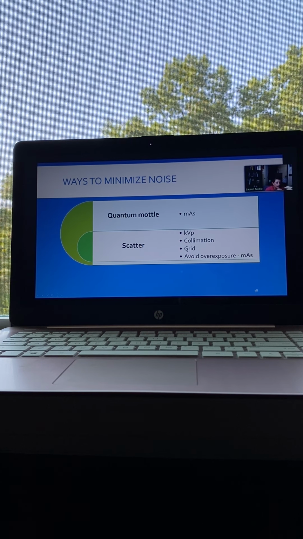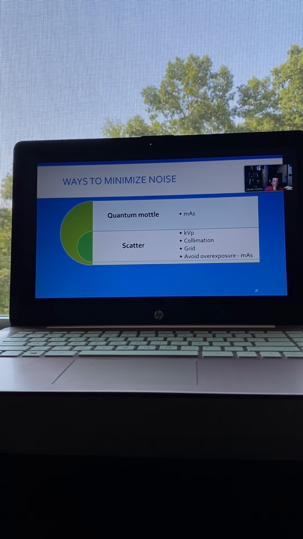Use a grid. So you will find it's protocol when you go to clinic. There are certain exams that you do tabletop, certain exams you have to put the image receptor in the bucky. Okay. Extremities you do tabletop. Why do you not need to use a grid for extremities? Think about the ratio of bone to soft tissue with extremities.